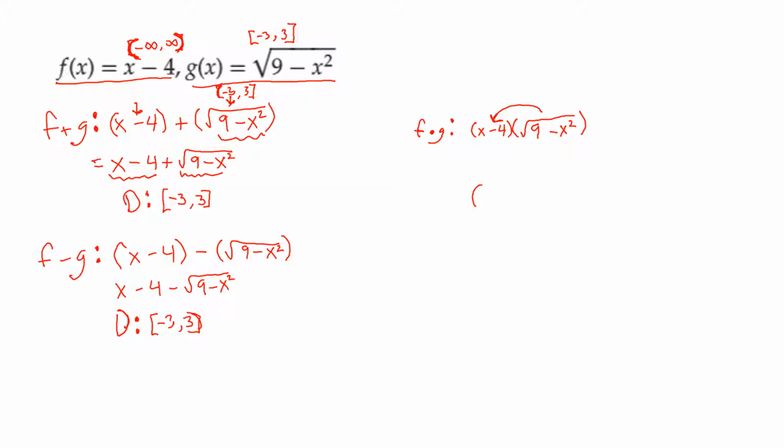I'm going to leave it outside the square root, x minus 4 times the square root of 9 minus x squared. Either way of writing it is fine. Now, this again is defined everywhere. This one will be complex. So again, my domain is restricted to negative 3 to 3.